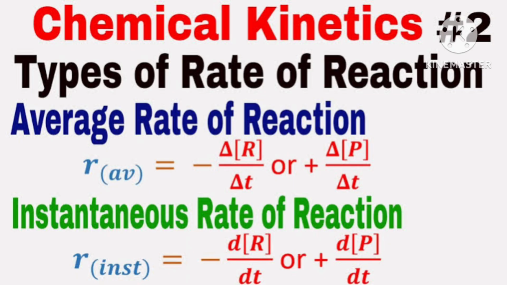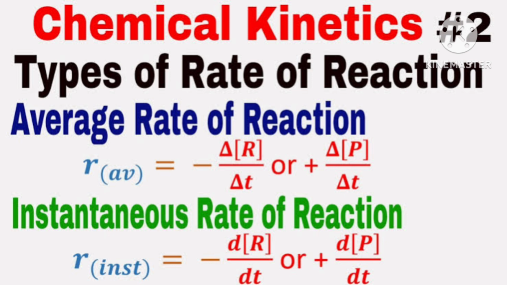You are dividing by the coefficient because A, B, C, D may be any molecule. A may be 2, B may be 3, C may be 4 and D may be 1, anything. Whatever it is, if you divide by the coefficient, then the per mole rate will be equal for all reactants and products.